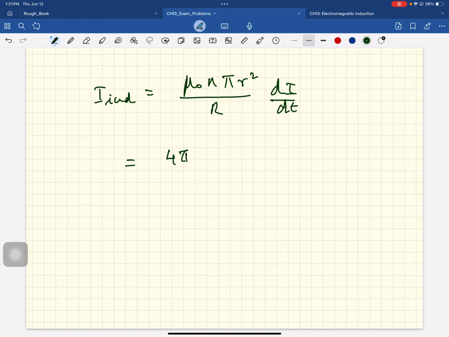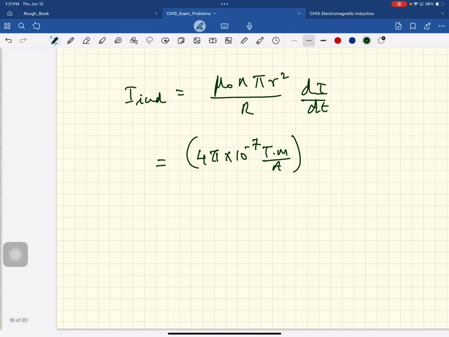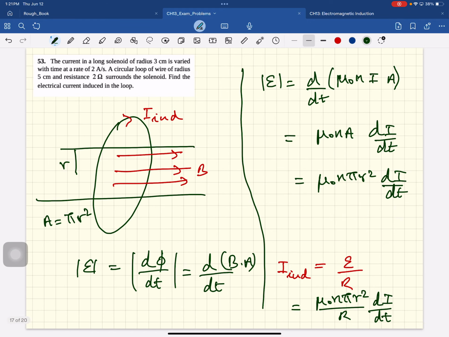Mu naught is 4 pi times 10 to the minus 7 Tesla meter per amp. n is not given, so we'll have to make up an n.